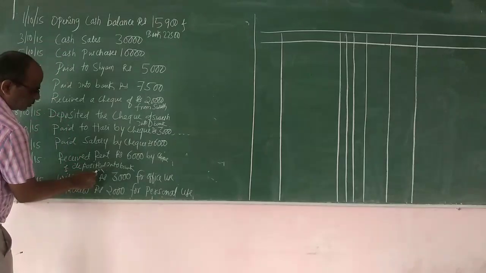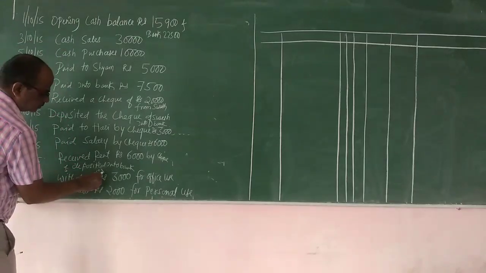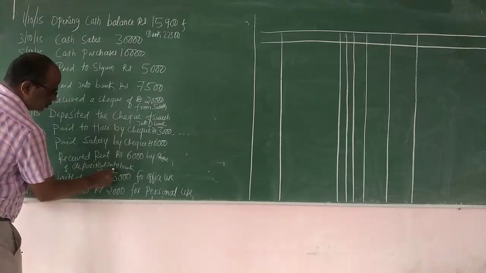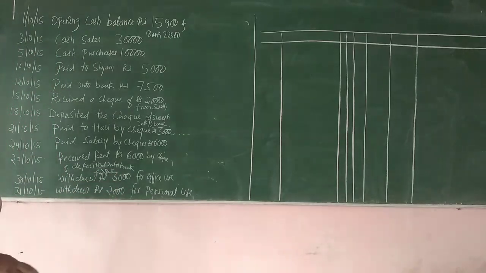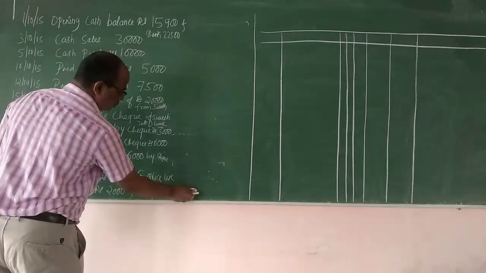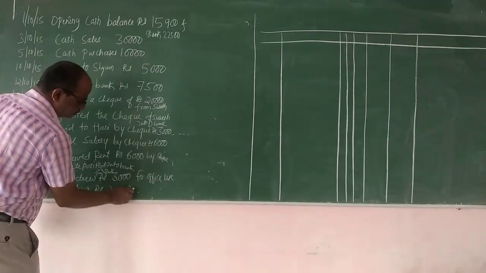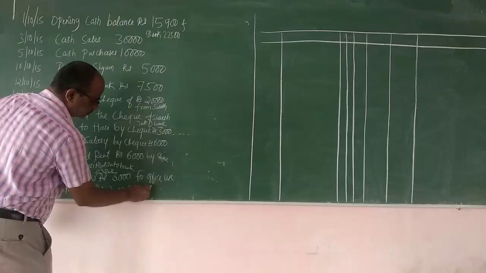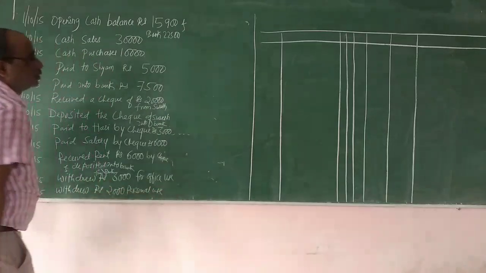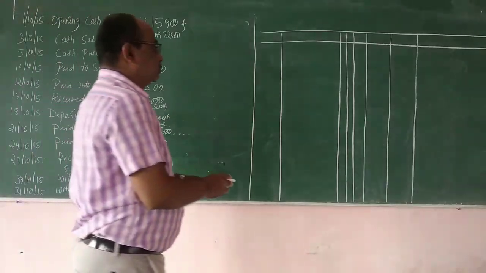Withdrew from bank rupees 3,000 for office use. Here also for personal use. So now space will be sufficient.